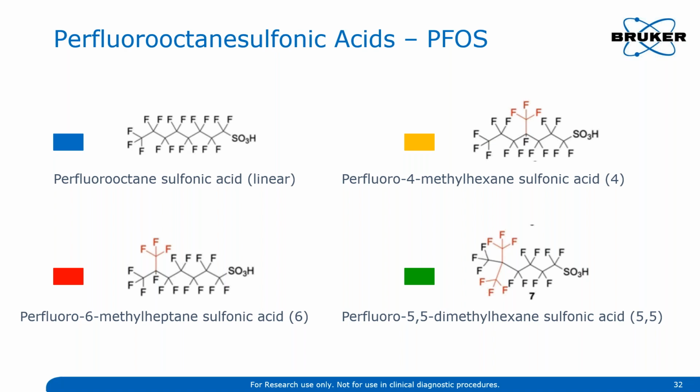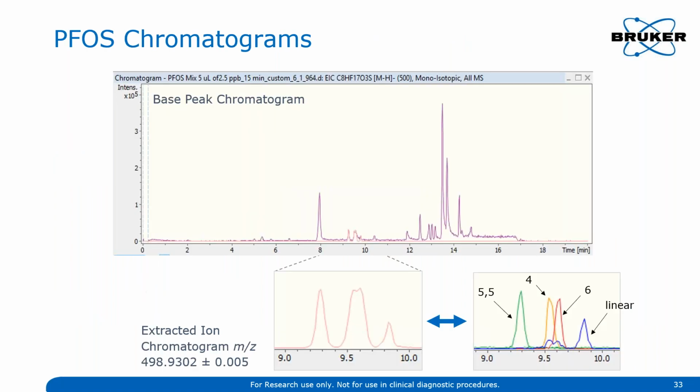Presence of more than one isomer in a sample can complicate identification and accurate quantitation, since all of these isomers have the same exact mass and some of them coelute. In this experiment, we created a mixture of 4 PFOS isomers and analyzed it with HPLC timsTOF in negative ion mode. For convenience of presentation, different PFOS isomers are color-coded, so you can track them in the following slides.